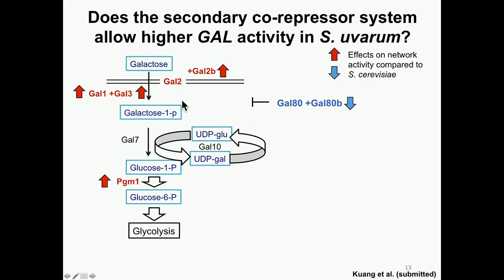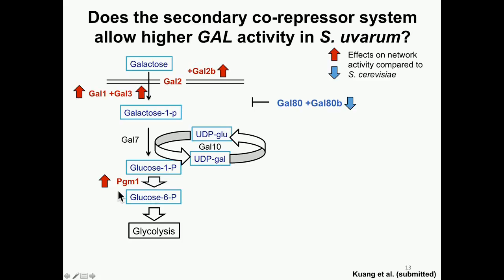So I've shown you evidence that the GAL1 activity is higher. I've also shown you that GAL3 has enzymatic activity, unlike in Saccharomyces cerevisiae. I didn't have time to show you a couple other pieces of evidence that uvarum also has higher GAL network activity. It has a second transporter.